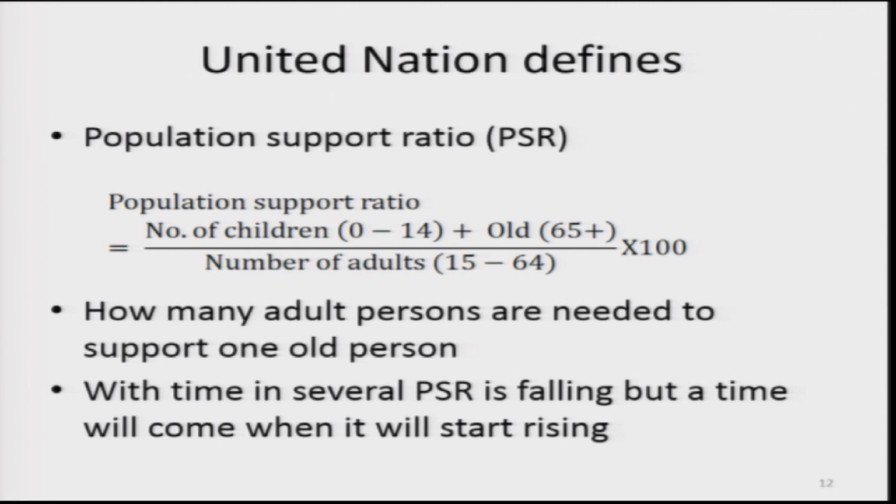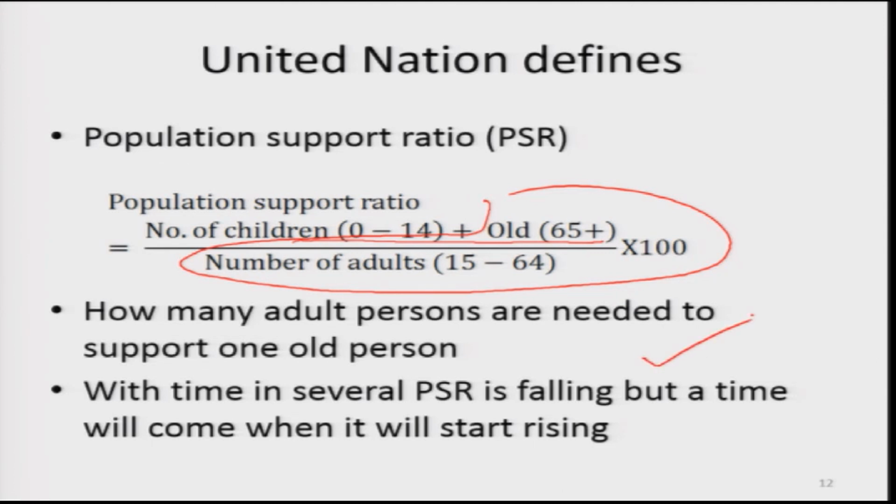Actually, this formula includes both 0 to 14 and 65 plus, and therefore, we can say that this formula as such shows how many adult persons are needed to support a child and an old person. But if you divide old 65 plus by number of adults 15 to 64, then you have adult persons needed to support one old person.